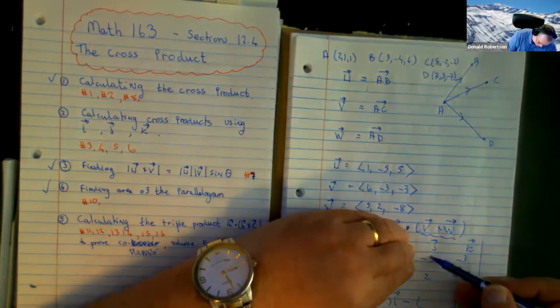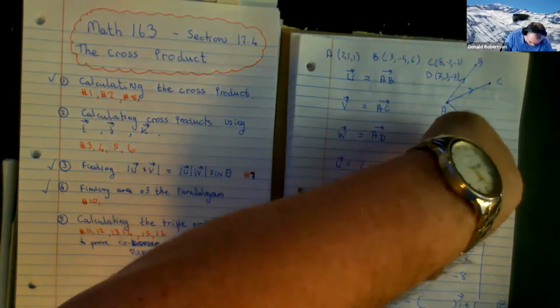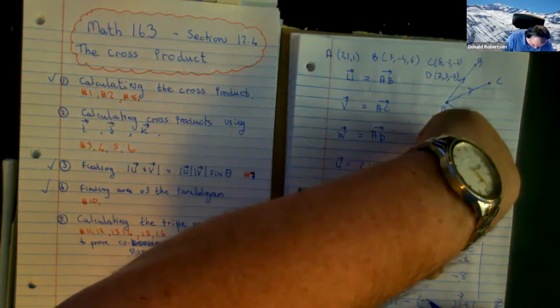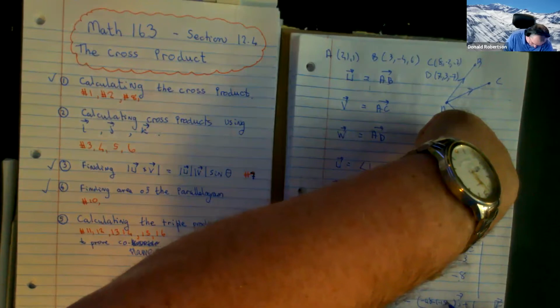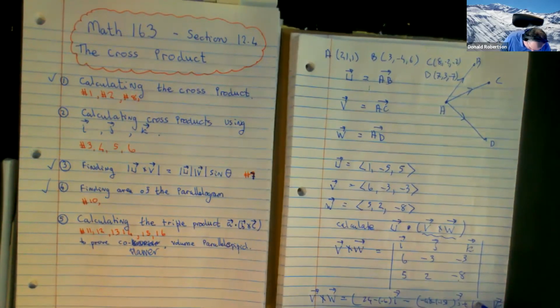Okay, 24, take away -6. Middle one, -48, I should say, take away -15. Last one, 12, take away -15.